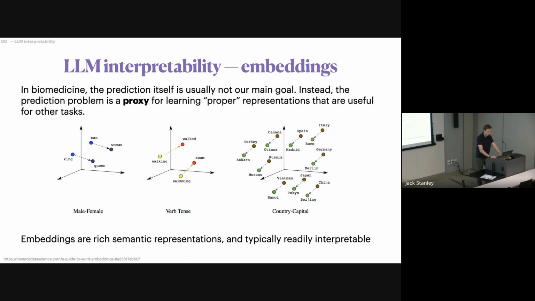For biomedicine specifically, the prediction itself isn't usually the main goal. Instead, this prediction problem is usually used as a proxy for learning the proper representations of the embeddings that are most useful for other tasks. And you can see here some stylized examples of embeddings in vector space.